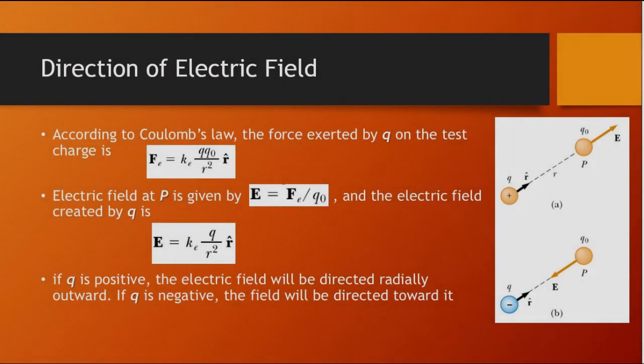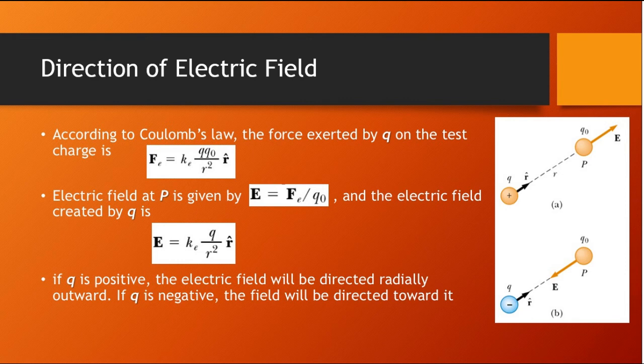To determine the direction of an electric field, consider a point charge Q located at distance r from a test charge Q0 located at a point P. According to Coulomb's law, the force exerted by Q on the test charge is given by Fe equals Ke Q Q0 divided by r squared times r hat, where r hat is a unit vector directed from Q towards Q0.